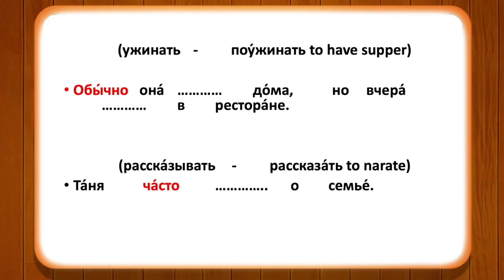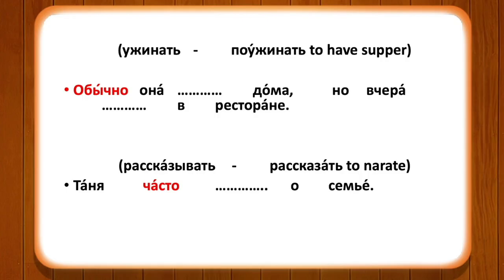Let us see the next sentence where you have to use the verbs ужинать or поужинать. Ужинать, поужинать means to have dinner, to have supper. Ужинать is the verb of imperfective aspect and поужинать is a perfective aspect verb.